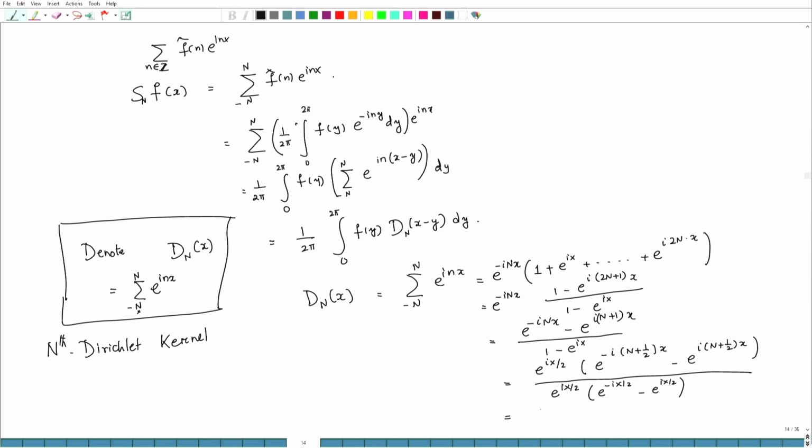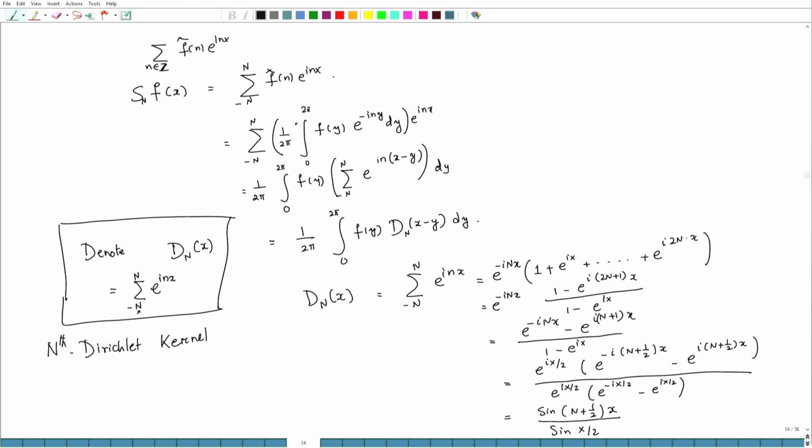So, therefore, this is sin (n plus 1/2) x by sin x by 2. So, this is what one form of the Dirichlet kernel will look like, the nth Dirichlet kernel.